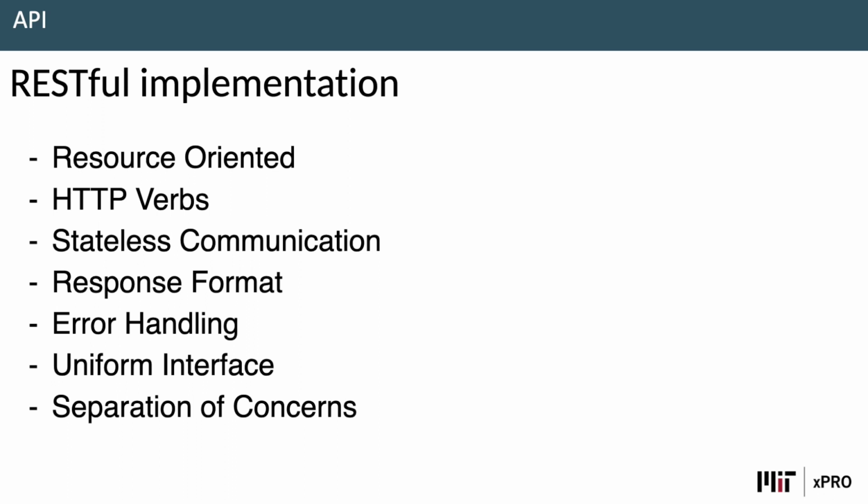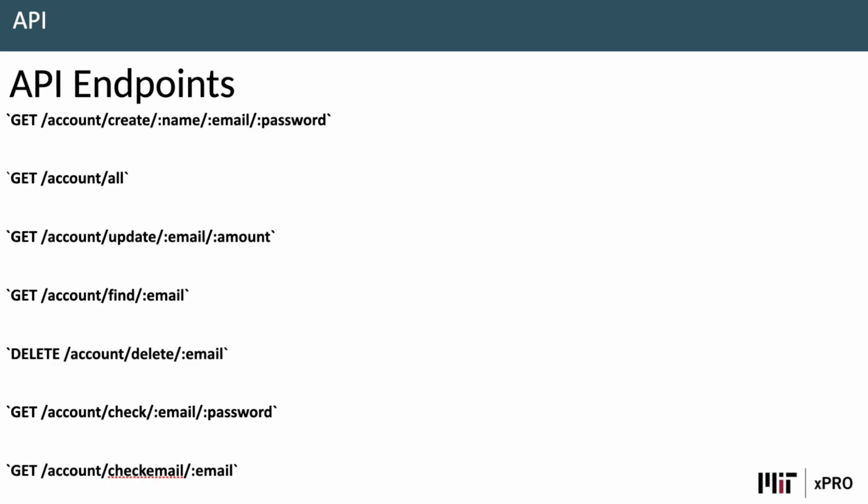It uses clearly defined URL patterns and consistent naming conventions for resources and operations. Finally, the app separates the handling of API requests and business logic. The routes defined in the app delegate the data access and manipulation tasks to the DAL module, which acts as the data access layer. Now let's go over to the API endpoints in index.js.